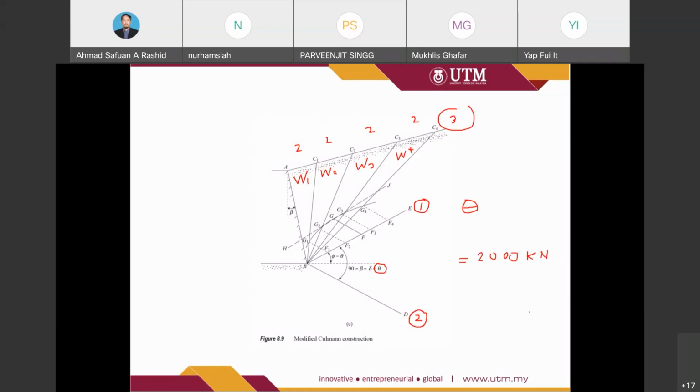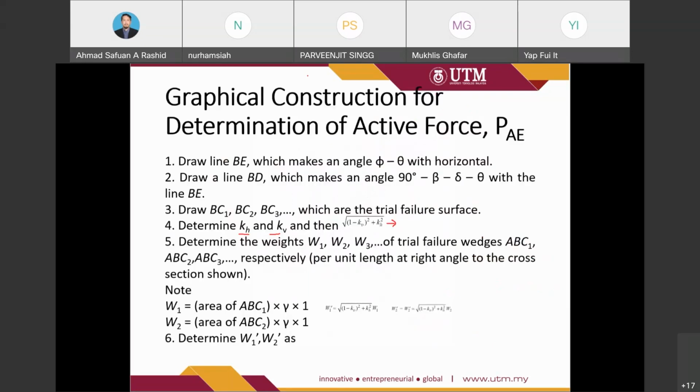Then we come up with a scale where 1 centimeter is equal to 2000 kilonewton. So that will be the scale that we may use to get the value of PAE later on.